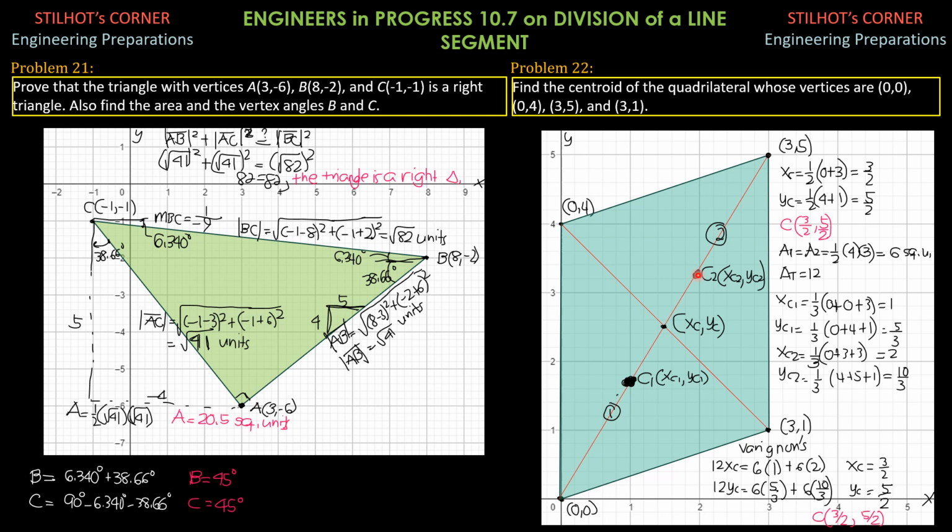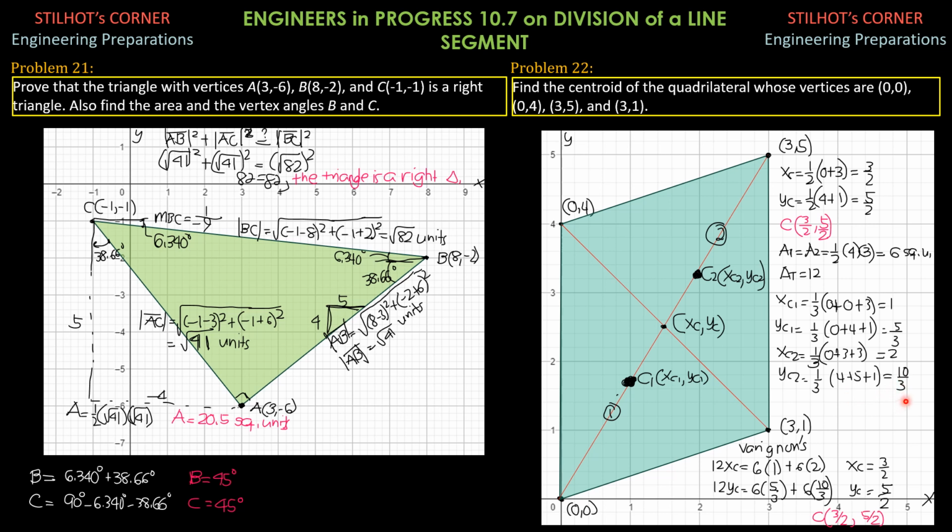Then y sub c2 is 1/3 of quantity 4 plus 5 plus 1, the y coordinates of those points. And that is equal to 10/3.